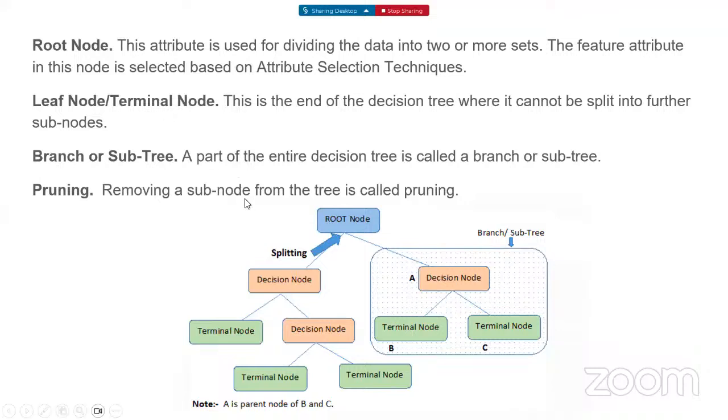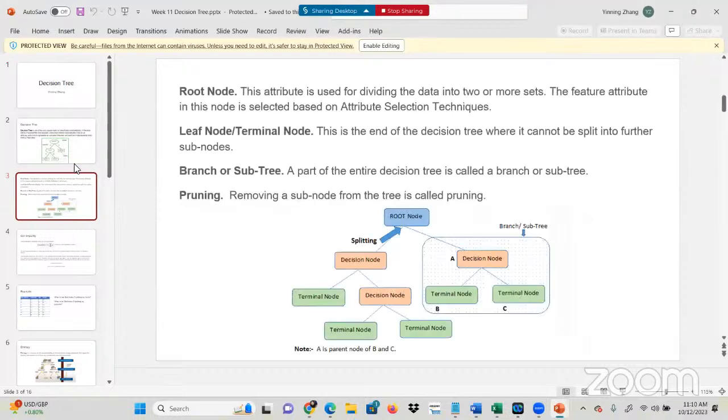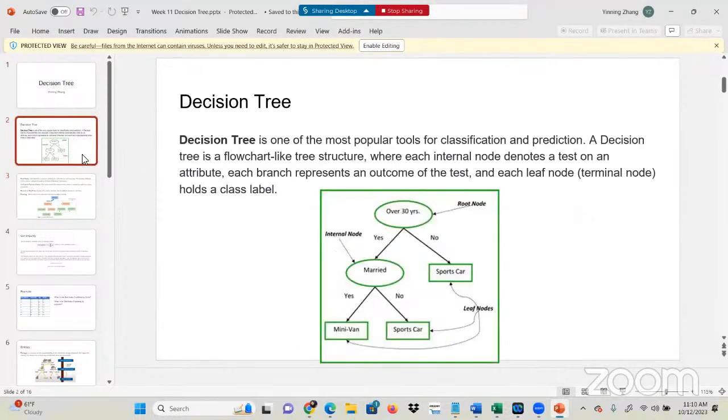Okay, so let's use this case about cars, minivans. We want to decide whether this person will buy a minivan or not. We could use age as a feature. We could use whether the people are married or not, if there's a column called married or not. They are different features in those data sets.